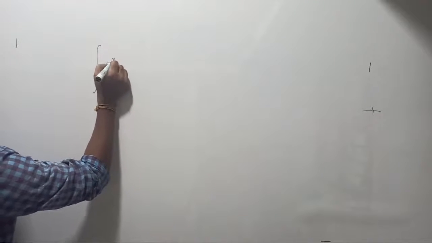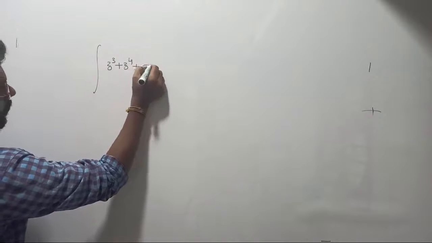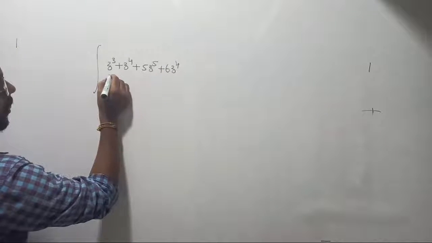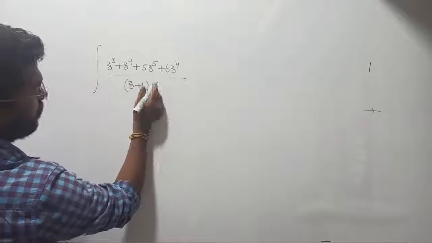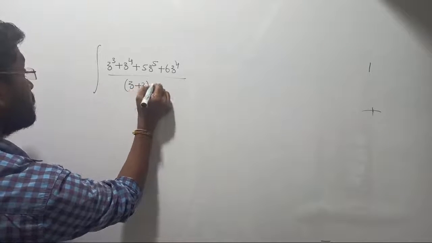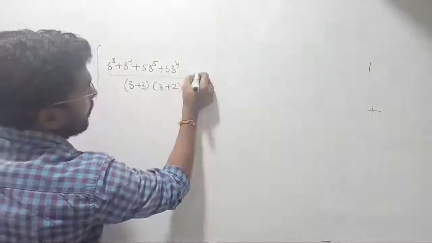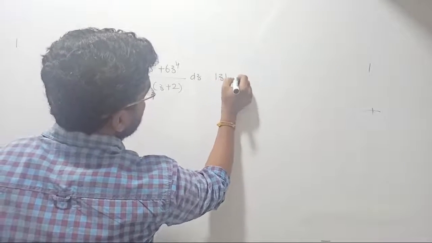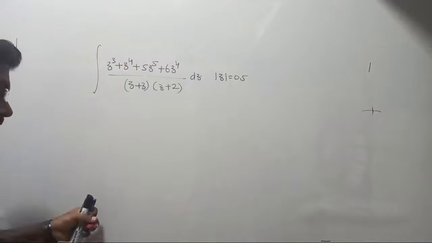Sometimes something like z cube plus z power 4 plus 5 times z power 5 plus 6 into z power 4, upon z plus 1, z plus 3, z plus 2, will be given under dz, whereas they will tell you mod z equal to 0.5. Find the answer. What is the answer?